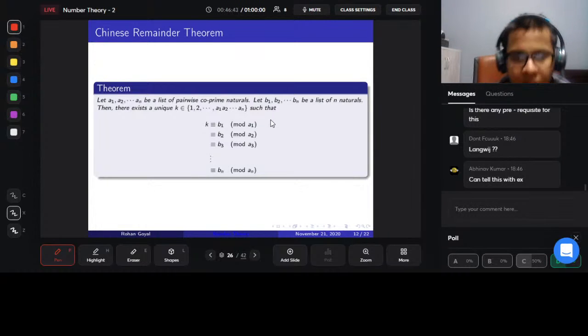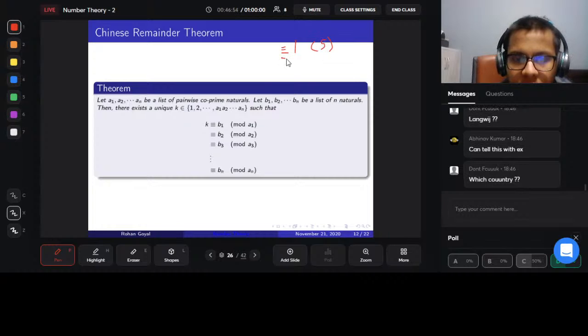For example, if I want to find a number which is congruent to 1 mod 5 and congruent to 2 mod 3, and I want a number less than 15, I can do it.